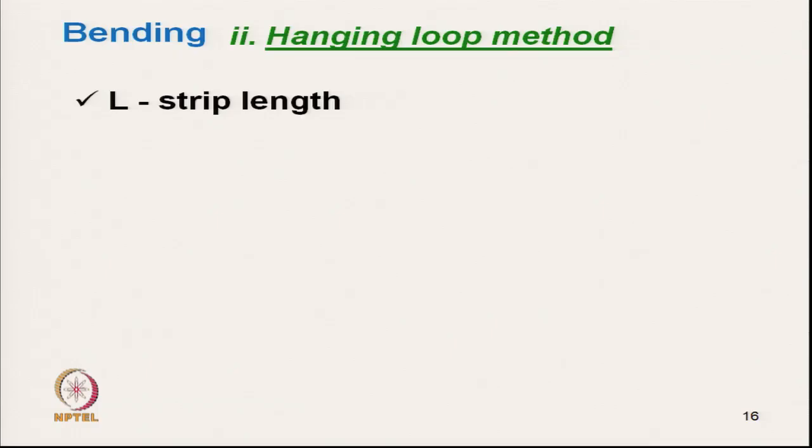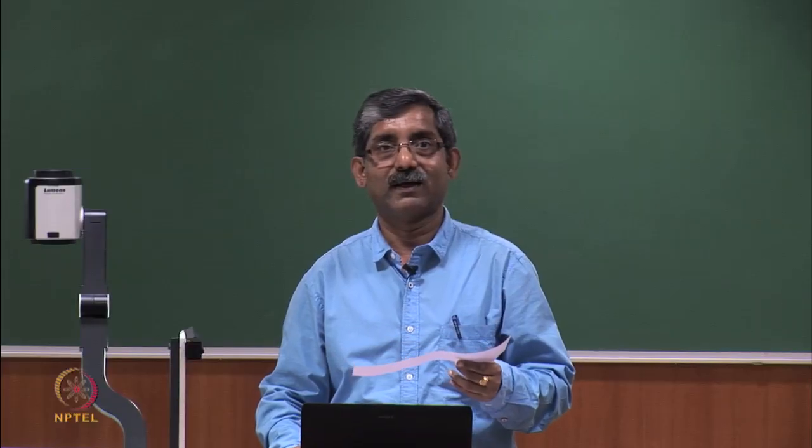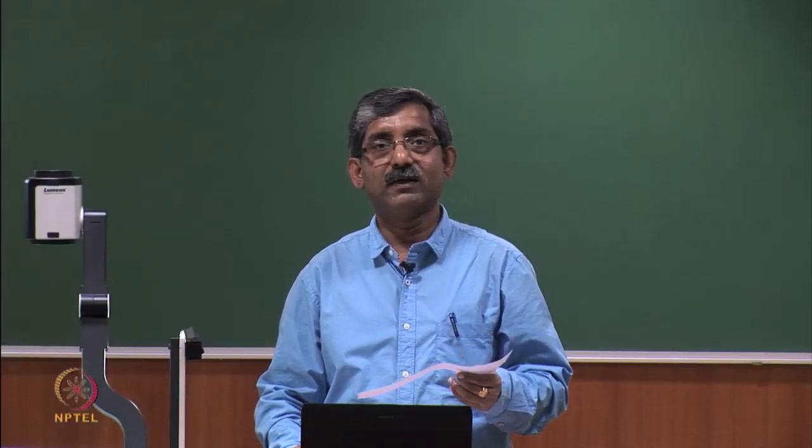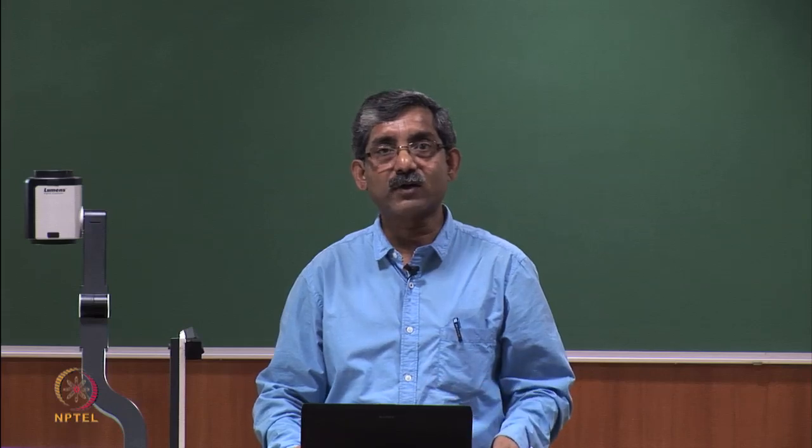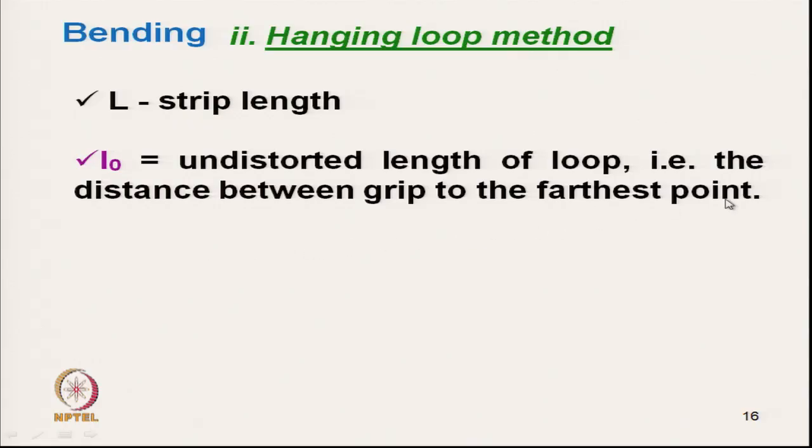So, L is the length of the strip. L0 is the undistorted length of the loop, that is the distance between the grip to the farthest point.